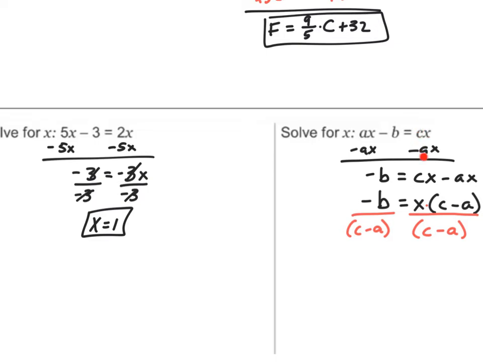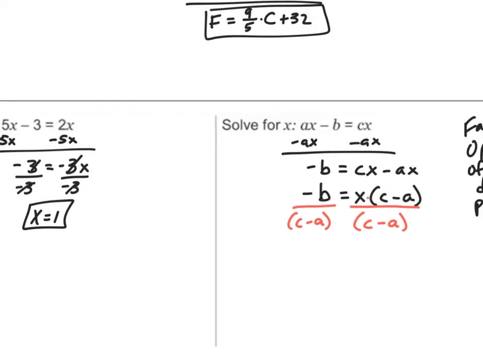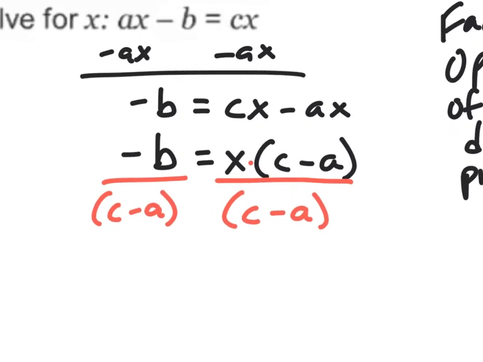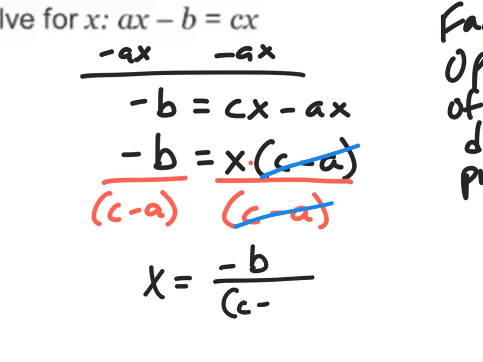But when I don't have numbers that I can combine, I have to do a little bit of weird algebra. Now I can divide c minus a by c minus a, and that goes away. So solving for x, x is equal to negative b over the quantity c minus a, and that's my answer.